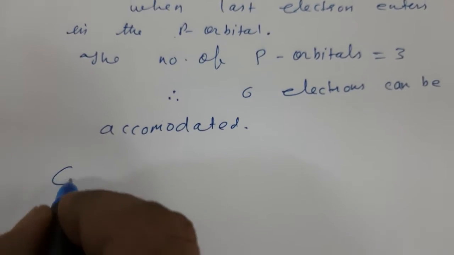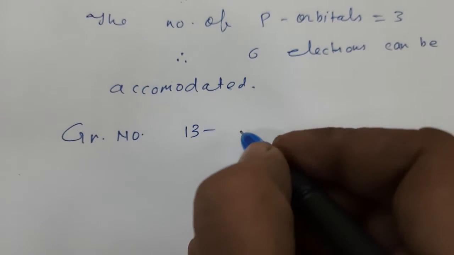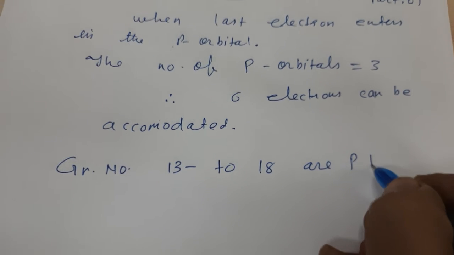Okay. Group number 13 to 18 are P block elements.